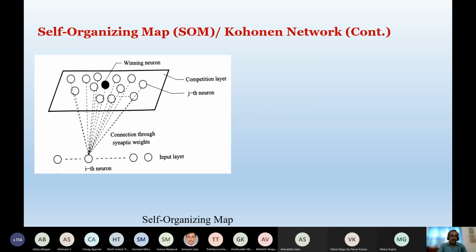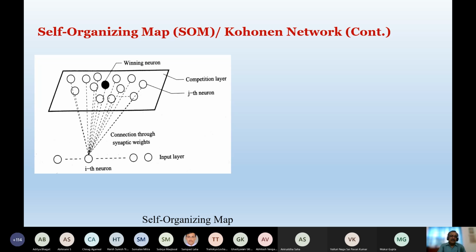Try to understand. Corresponding to the ith neuron, to find its corresponding mapping on the competition layer, I'm generating capital N number of connecting weights. The connecting weights have m dimensions, and this input neuron also has small m dimensions.